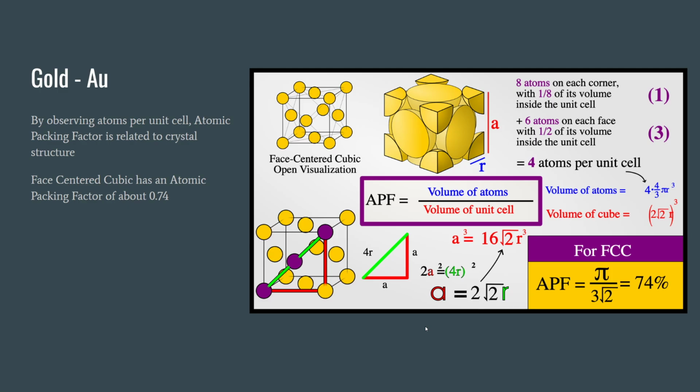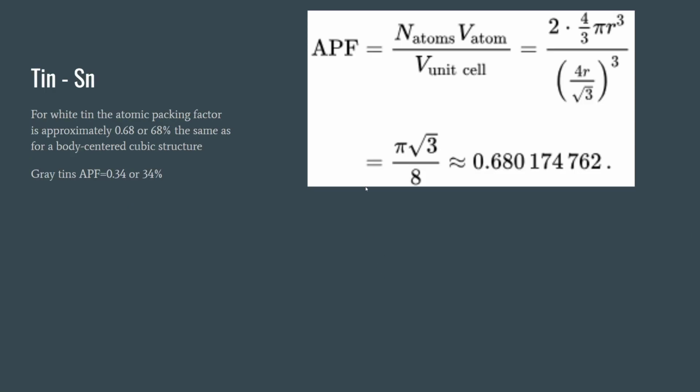Doing this for gold, you get 0.74. You see here again the equations used, as well as some of the intermediate steps, and use that to get the atomic packing factor for white tin of about 68%, and for gray tin of 34%.